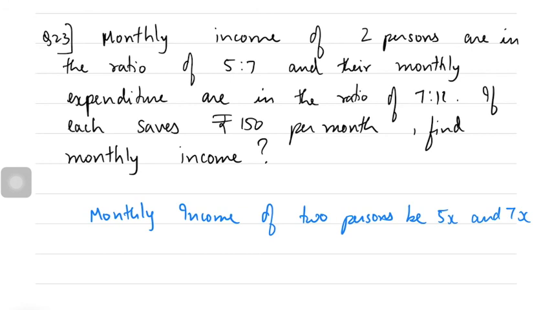Their monthly expenditure is in the ratio of 7 is to 11. And each person saves 150 per month.